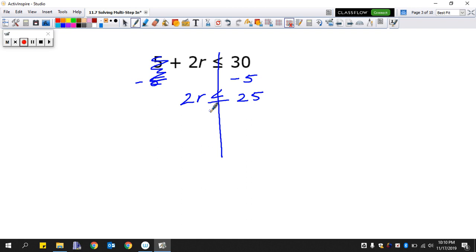All right. And we're going to divide by 2. Divide by 2. And we're left with r is less than or equal to 25 over 2, or 12 and a half. Or if you plug it into the calculator, 12.5.